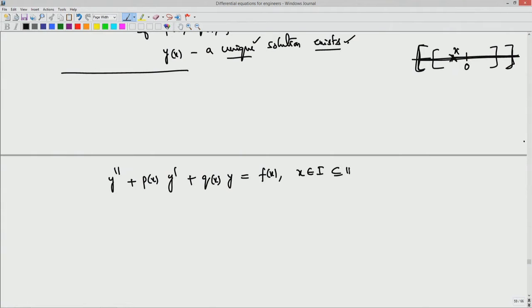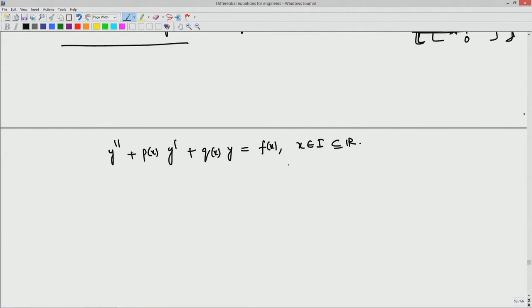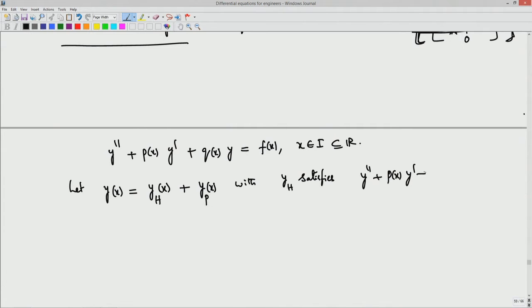If this is your equation, you know how to find the homogeneous solution. If I write y of x as the homogeneous solution yh of x plus some particular solution yp of x, where yh satisfies y double dash plus px y dash plus qx y equal to 0.